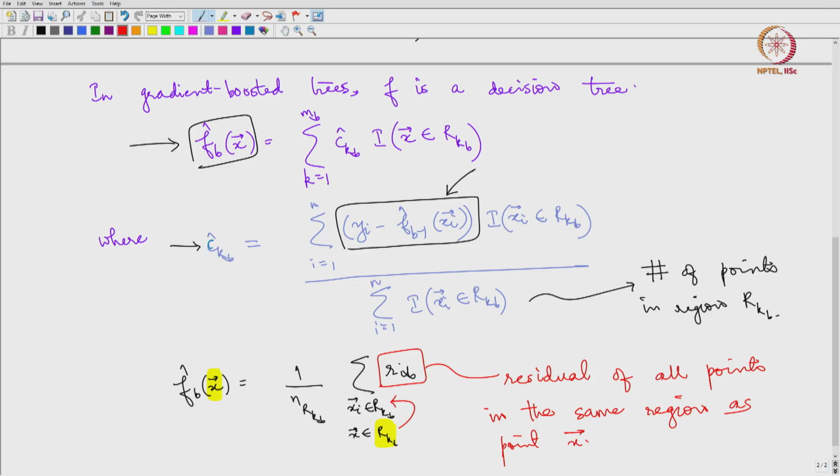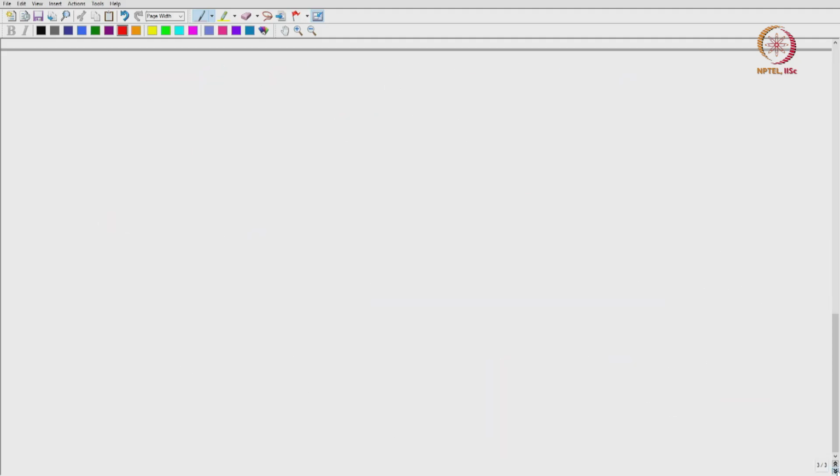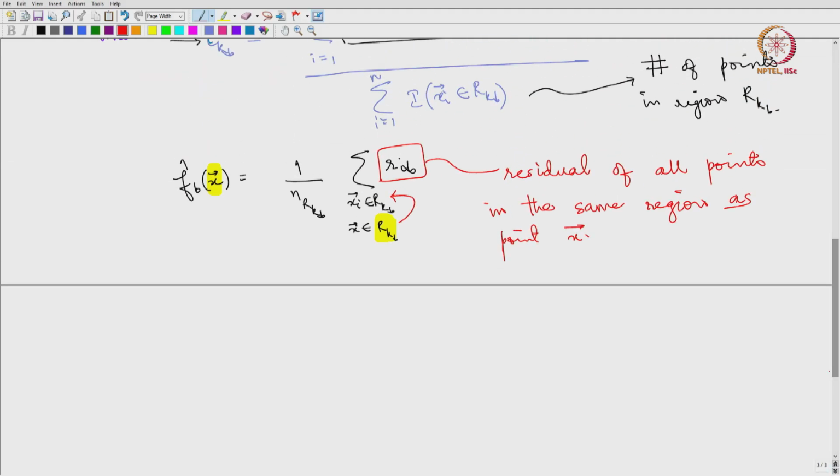This is, as you know, the logic of how a decision tree operates. Now, this basically completes how the decision tree works.